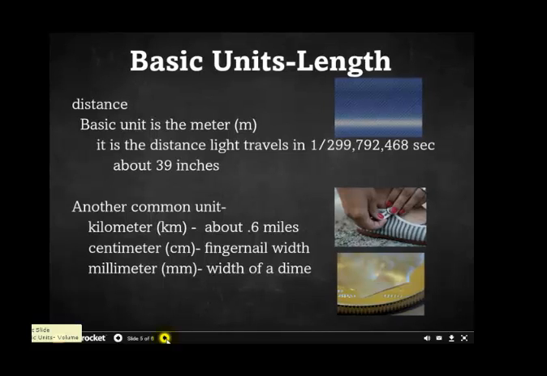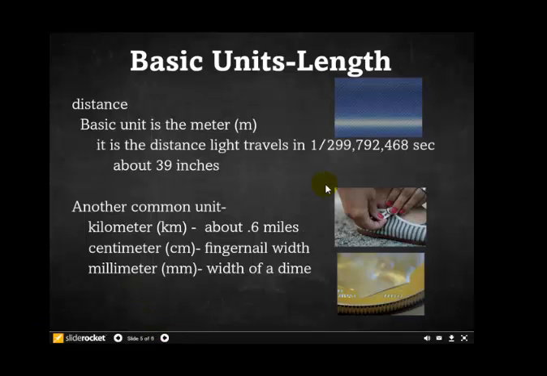Now, the basic unit of length in the metric system is the meter, and this is a distance unit. Length measures the distance between two points. They used to have an official meter stick, but now they've gone to a more general definition, where more countries and people can make their own standard meters, because it's based on the distance that light travels in a fraction of a second.